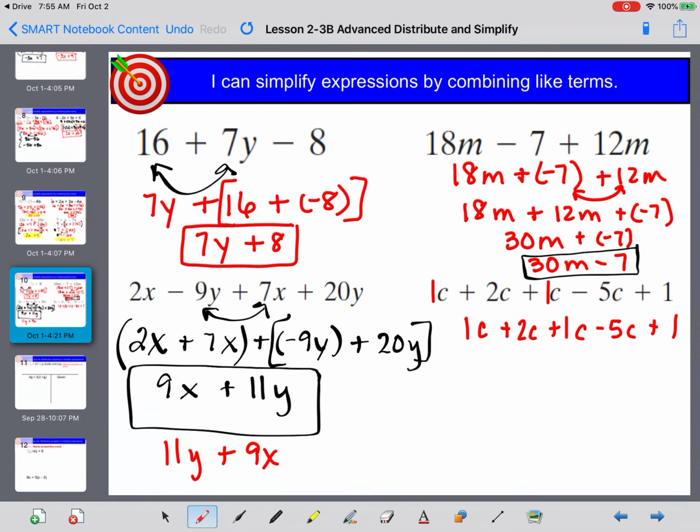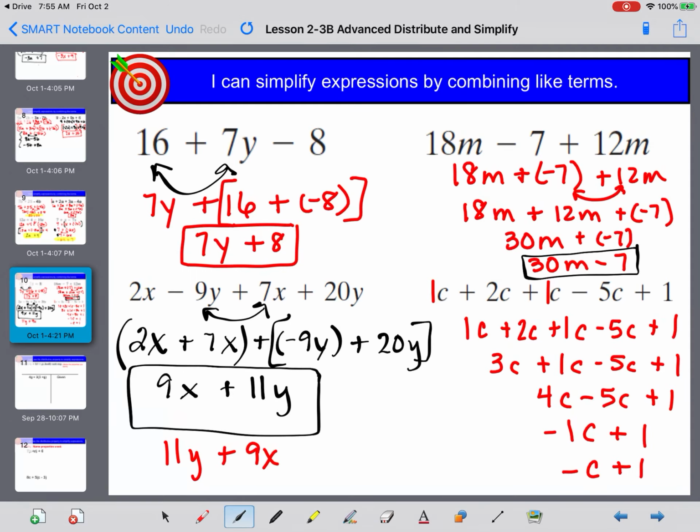So going from left to right, 1c plus 2c is 3c. 3c plus 1c is 4c. 4c minus 5c, I should have written that as plus negative 5c, but 4c minus 5c is negative 1c plus 1, or negative c plus 1.